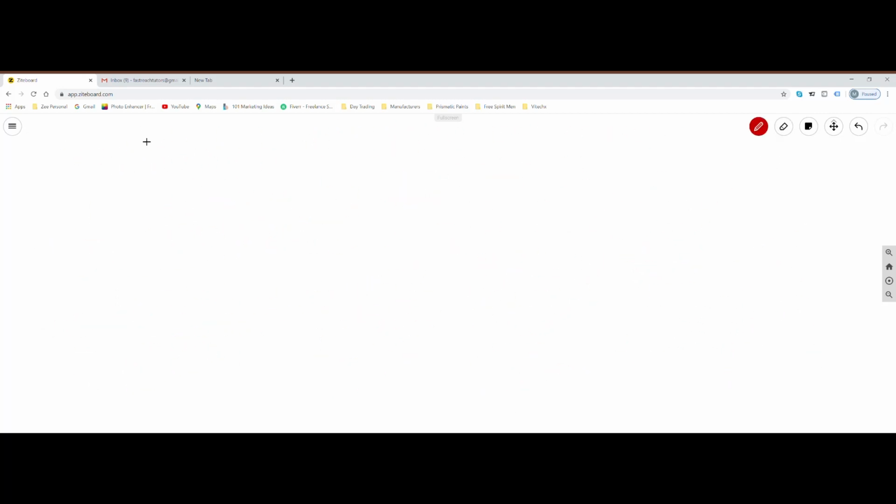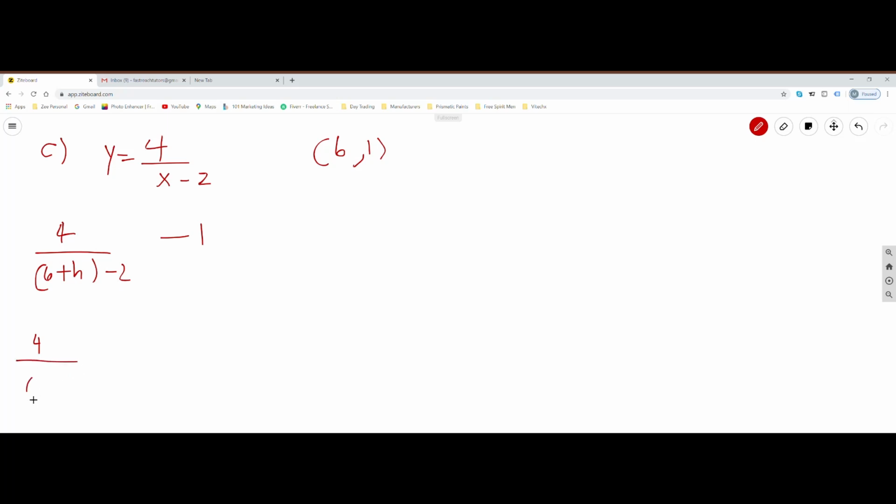Let's look at C. Y equals 4 over x minus 2, and you have points 6 and 1, and have 4 over 6 plus h minus 2 minus 1, so you have 4 over 4 plus h minus 1, which we're going to multiply by 4 plus h.